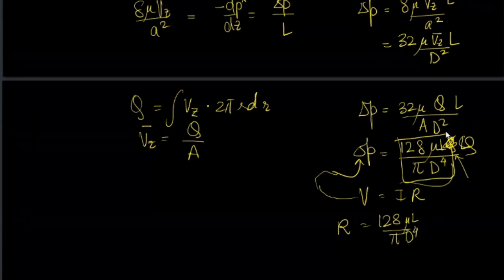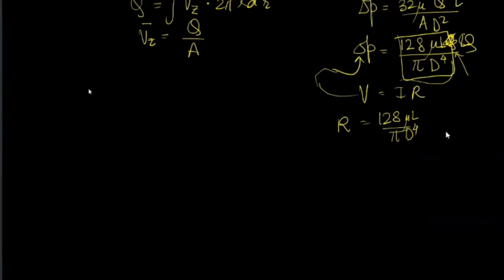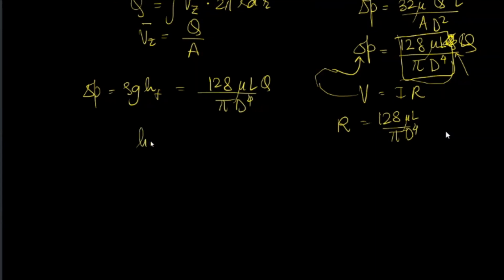If we write the pressure drop in terms of rho g h, h is called the head loss. So the head loss is equal to 128 mu L Q upon rho g pi d raised to 4.